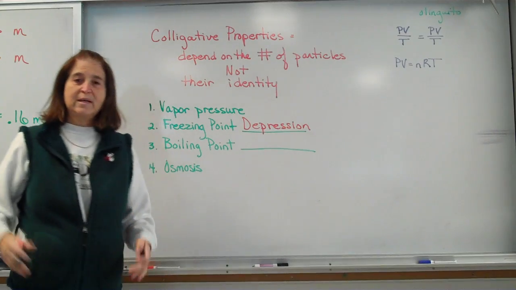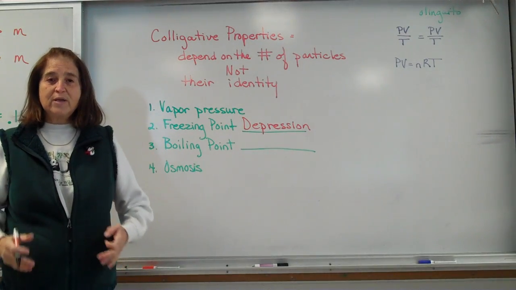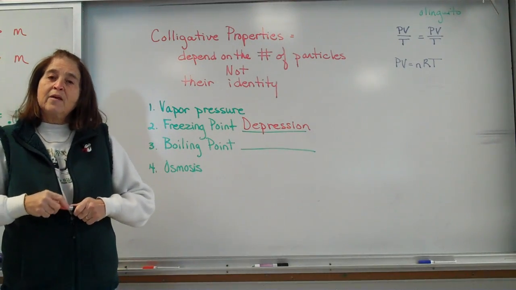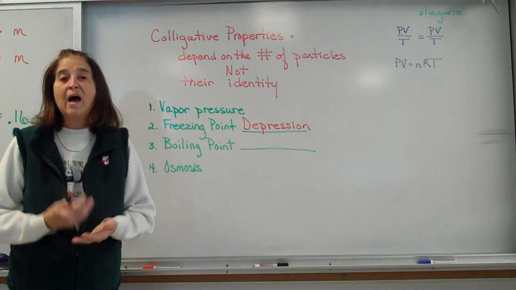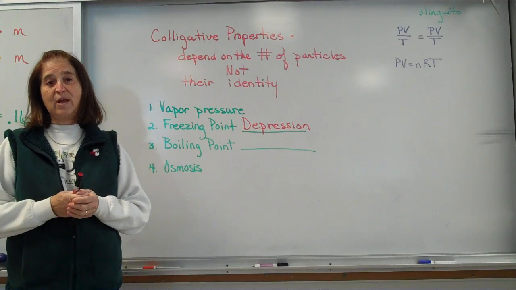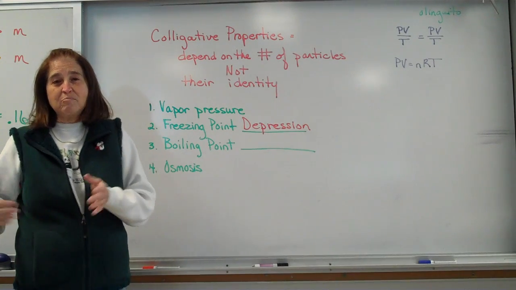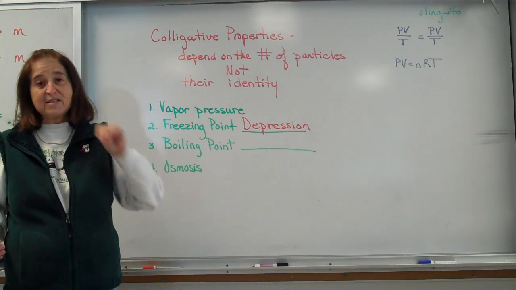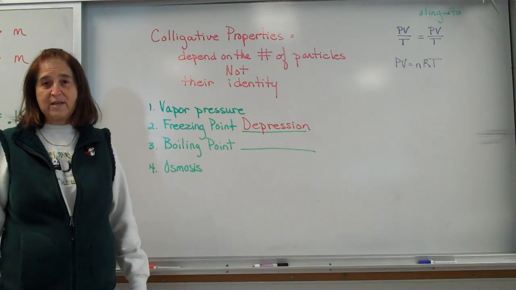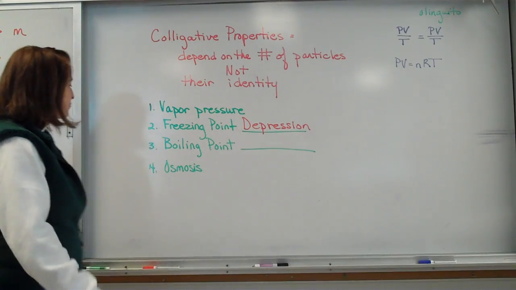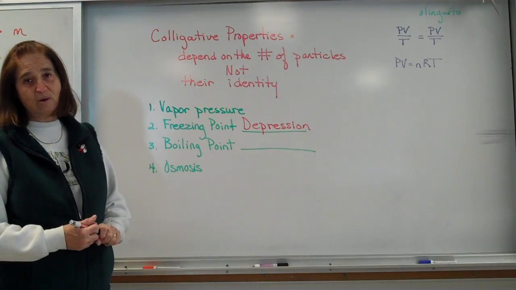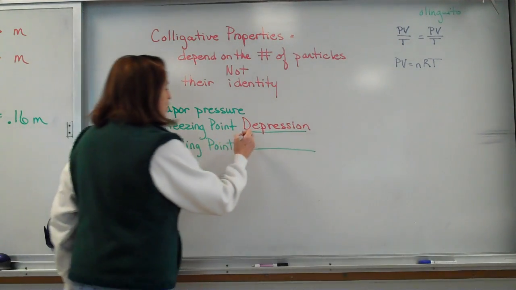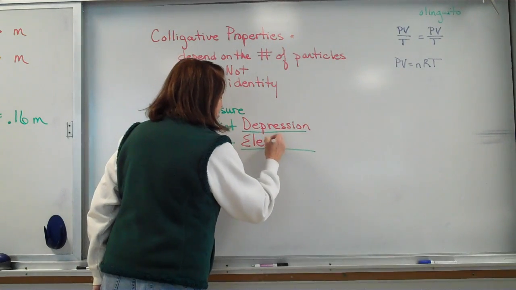The freezing point is always going to go down. If you have a pure solvent, that's going to be the highest freezing point that you will have. As you add more and more solute and make a solution, the freezing point is going to decrease. Just the opposite is true for boiling points. It's going to be boiling point elevation.